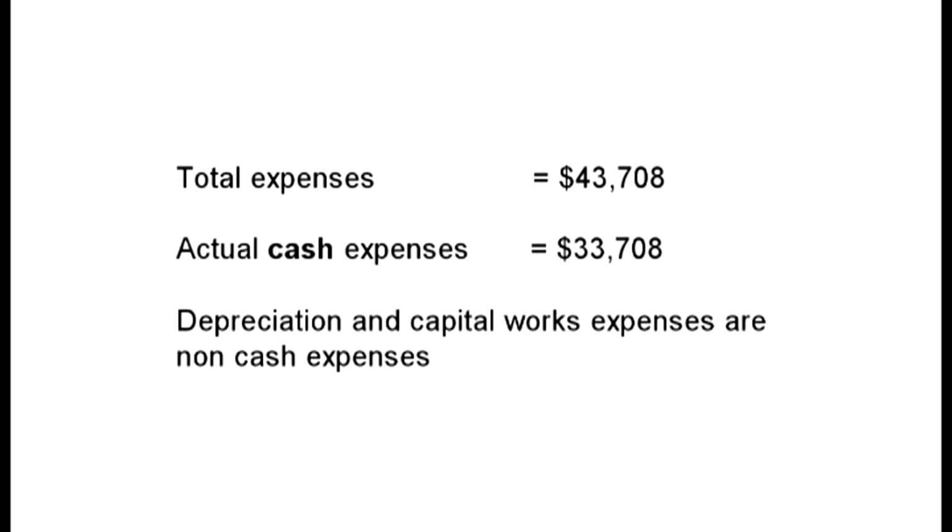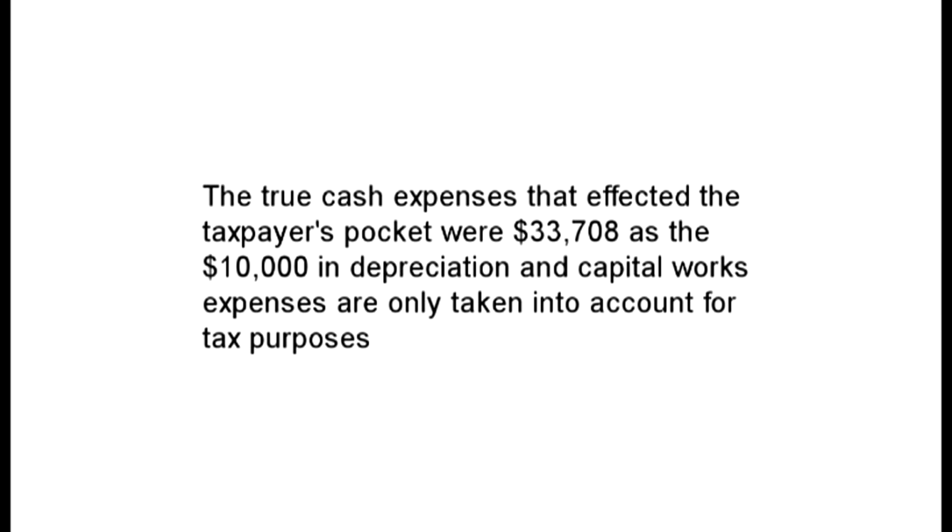This is because the $10,000 in depreciation related expenses was a non-cash expense and they were put in the rental property schedule due to the decline in value of the assets that formed part of the overall property purchase. The true cash expenses that affected the taxpayer's hip pocket were $33,708, as the $10,000 in the depreciation is only taken into account for tax purposes.